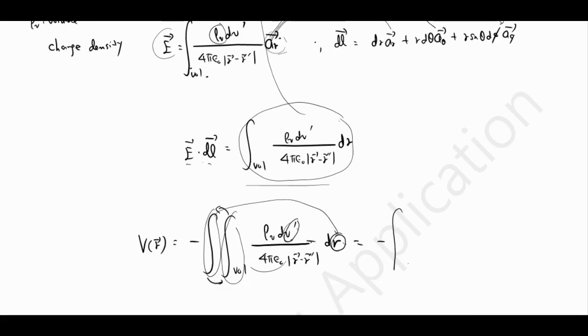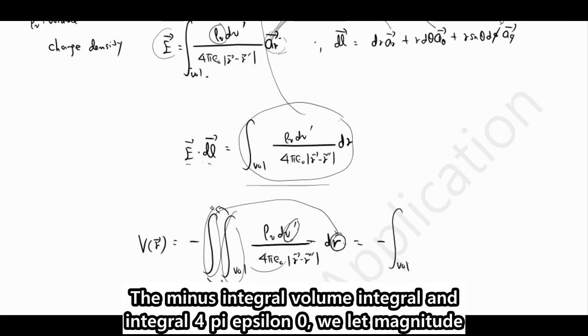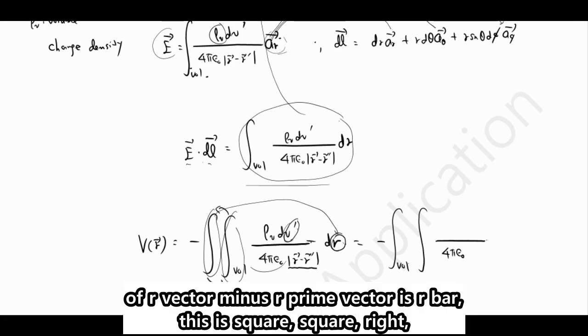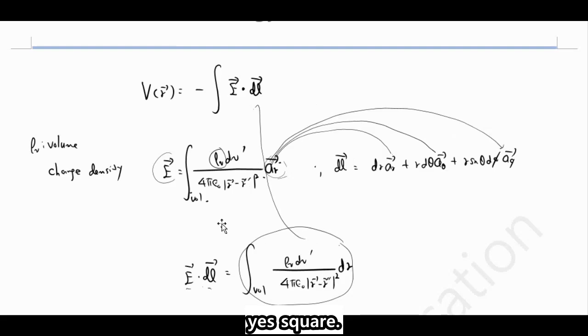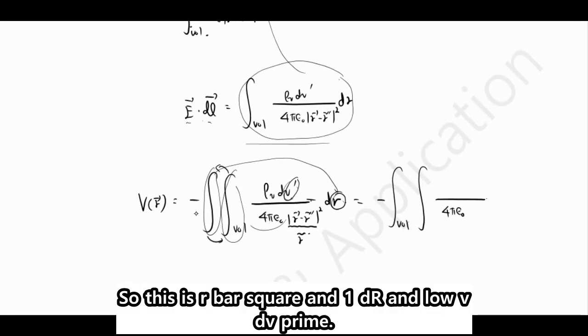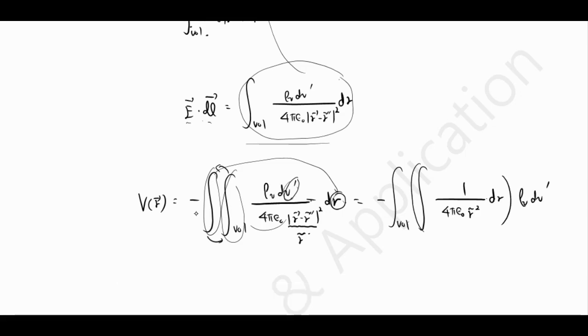So minus the volume integral, and the integral over r of 1 over 4 pi epsilon 0. We let the magnitude of r vector minus r prime vector be r bar. This is squared, so we have r bar squared, and dr, and rho v dv prime.